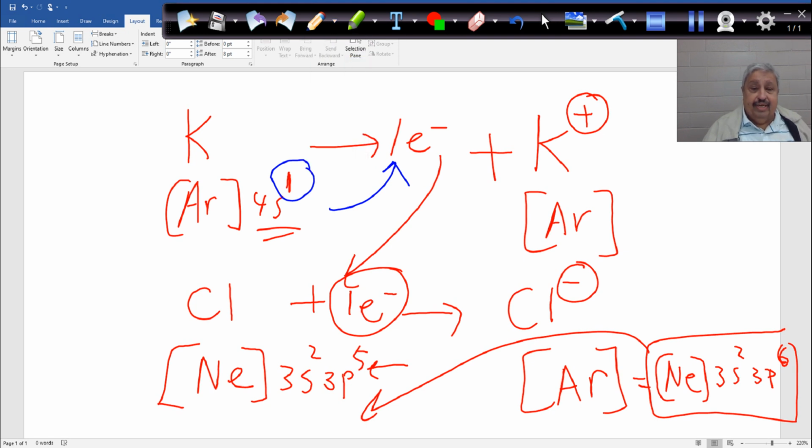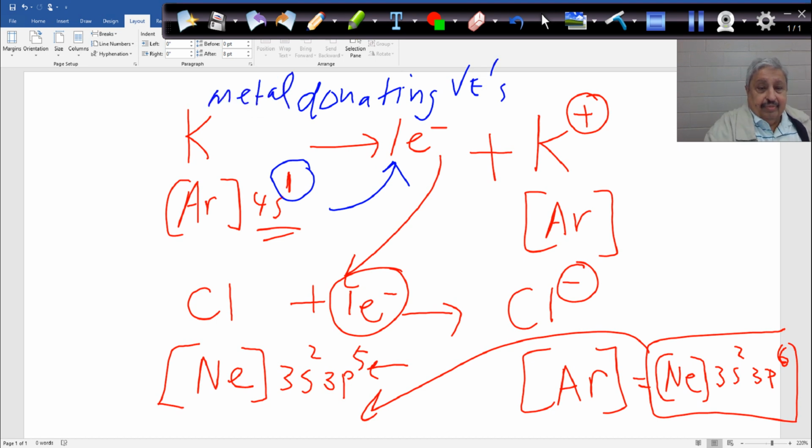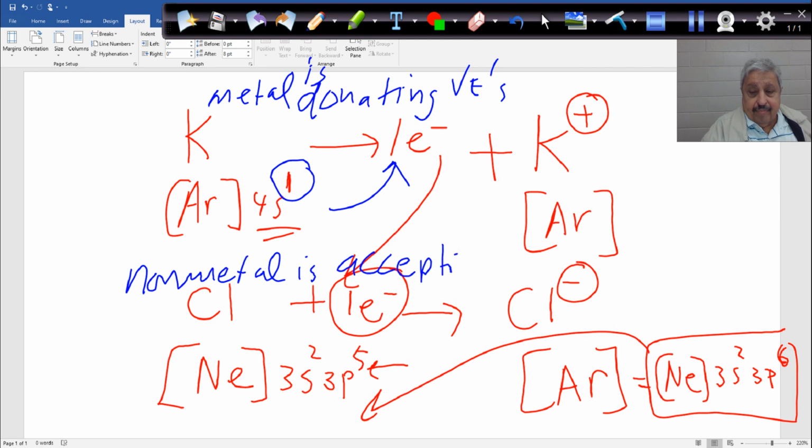So you can see one is giving away, donating. The metal is donating, and the non-metal is accepting VEs. Okay, guys? So you can see by donating, always they want to reach what?